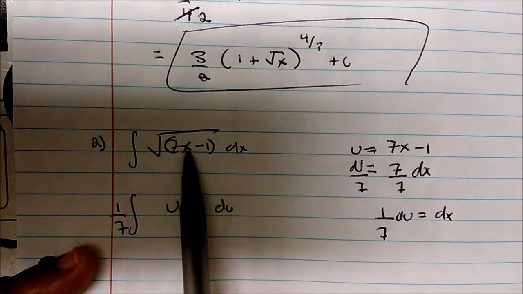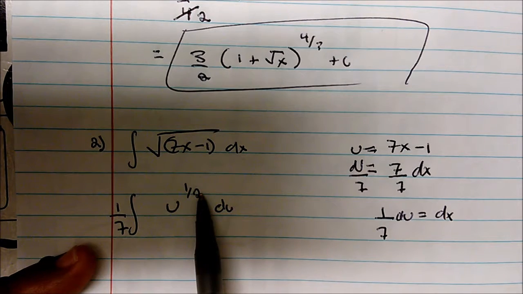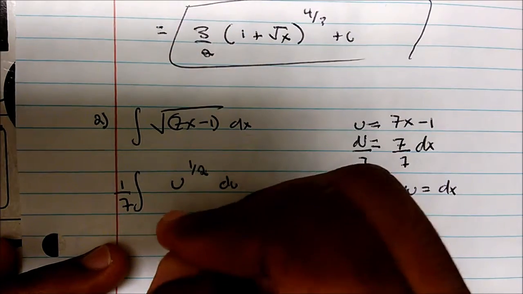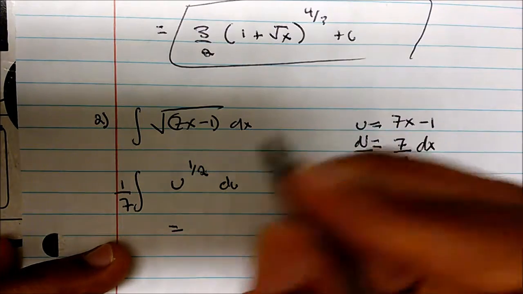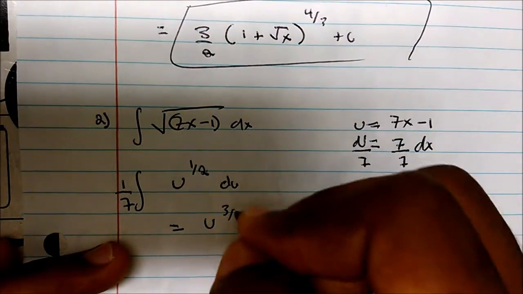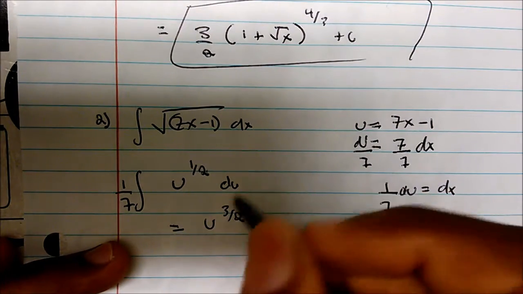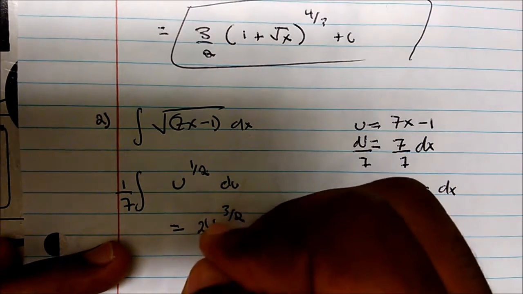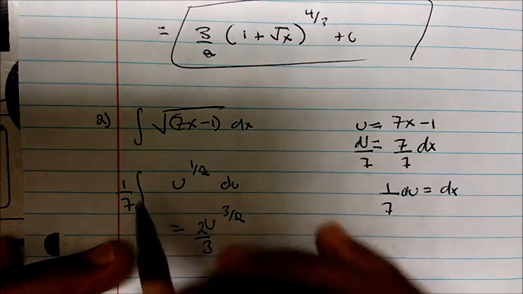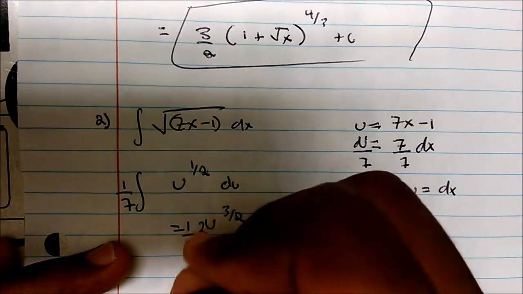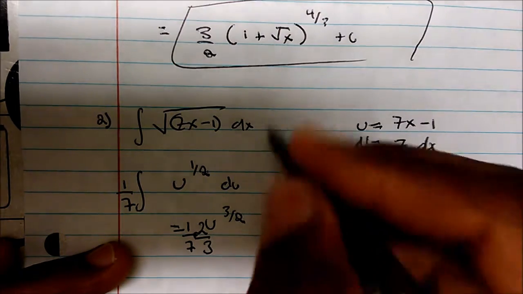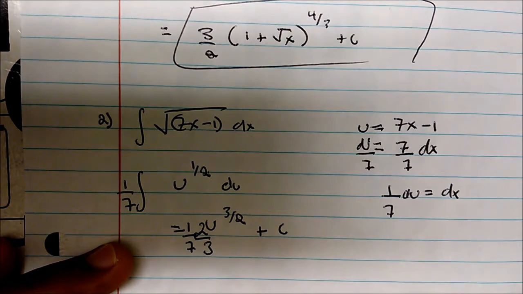So taking the integral now, 1 plus 1/2 is just u to the 3/2. Again, I'm going to multiply by the reciprocal because I don't want complex fractions. So this is just 2/3. Remember, we have a 1/7 outside here, so that's going to be multiplied. And then we're dealing with the indefinite integral, which is just plus c.